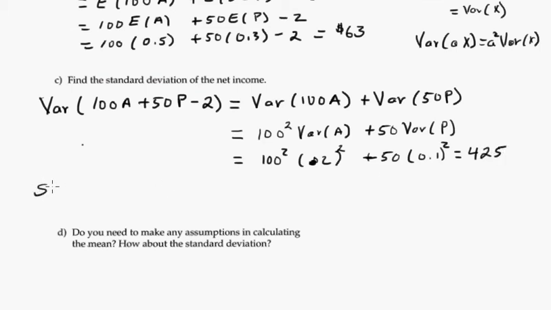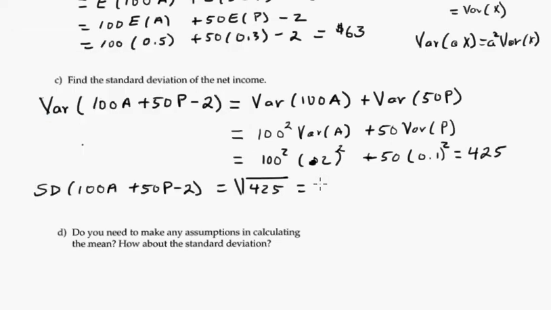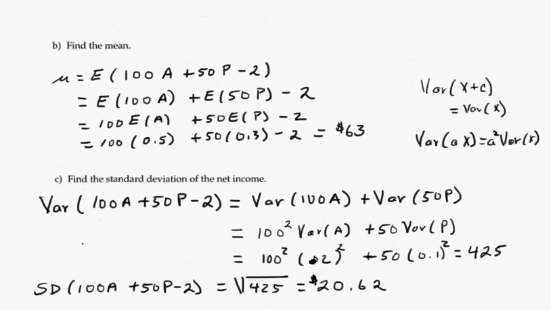So now that makes it nice. The standard deviation of 100A plus 50P minus 2 is going to be the square root of 425, and that's easy to do. That's going to be 20.62. Yeah, that's good. Sorry, I wanted to check. Okay, so that's how you do these computations.